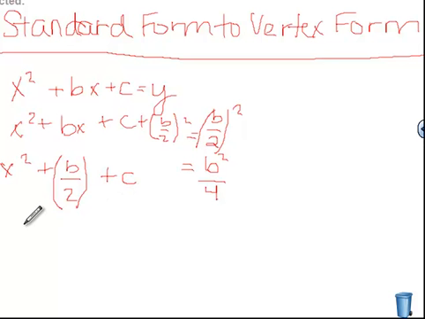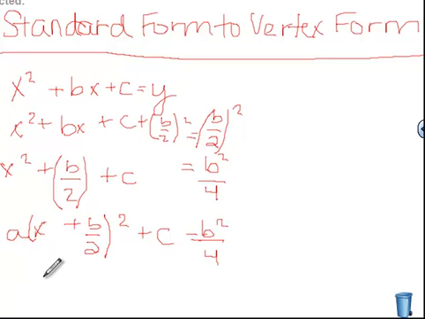Then you can combine the x and the b, so it would be (x plus b over 2) squared plus c equals b squared over 4. And that's in vertex form.